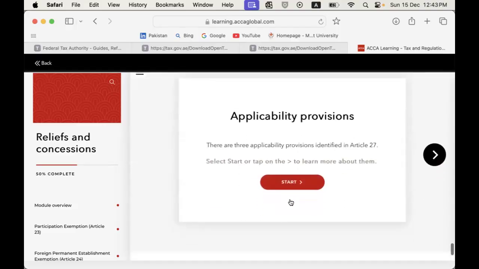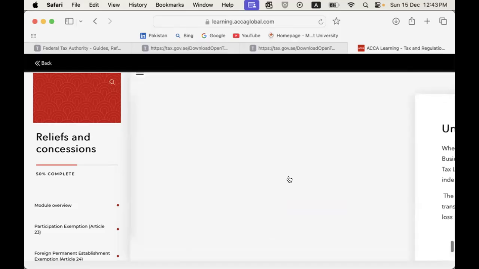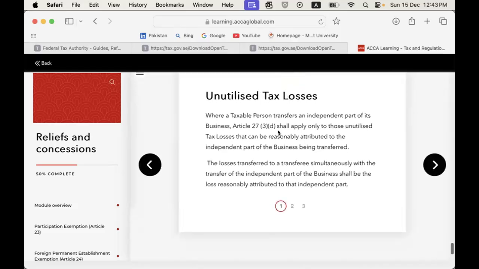Applicability of Article 27, applicability provisions. So unutilized tax losses, I think we read that, where a taxable person transfers an independent part of his business shall apply only to those unutilized tax losses that can be reasonably attributed. This attribution, I think I mentioned to you guys earlier as well, that profit attribution or income attribution is a key area of corporate taxation.